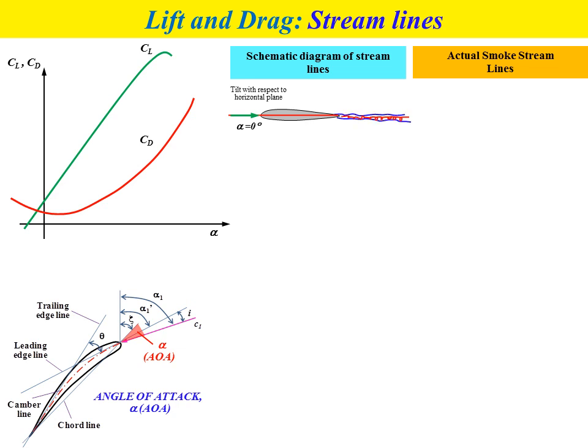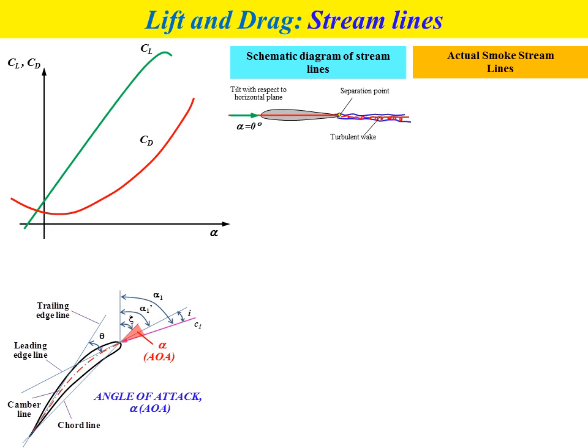At the trailing edge of the blade, we have a region represented by the blue colored line, a region of turbulent wake, turbulent vorticity, turbulent flow, and so on.